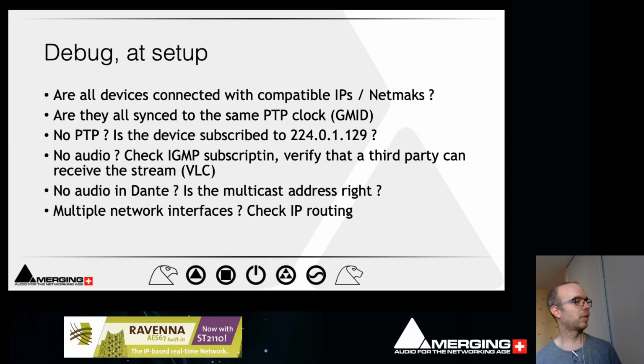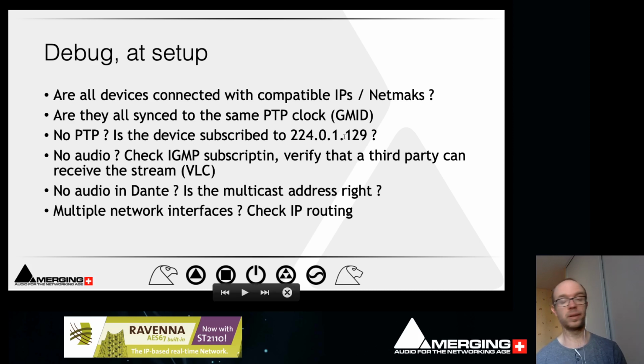I did it myself. Are all the equipment synced to the same PTP clock? If they have different PTP clocks, they will not be able basically to stream audio one to another. If they don't have PTP, are they subscribed to the PTP multicast group?